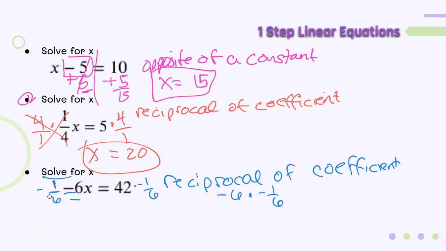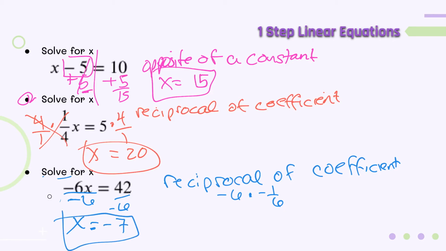So another way, I could just divide by negative 6 on both sides. Let's see. So if I divide by negative 6 on both sides, negative 6 divided by negative 6 is just 1. And 42 divided by negative 6 is negative 7. So x is equal to negative 7. Remember, this negative sign is a part of the coefficient. So you have to divide by the reciprocal of the coefficient. So divide by negative 6, x is equal to negative 7.